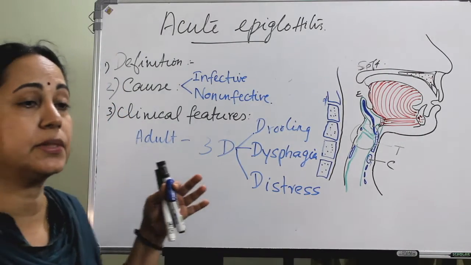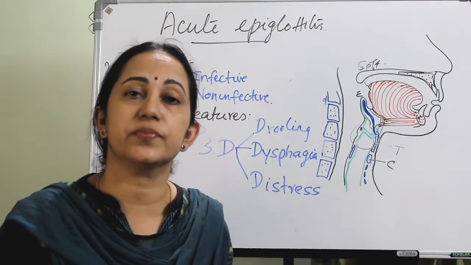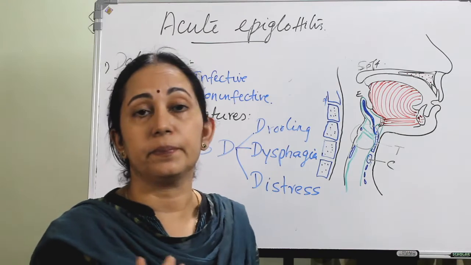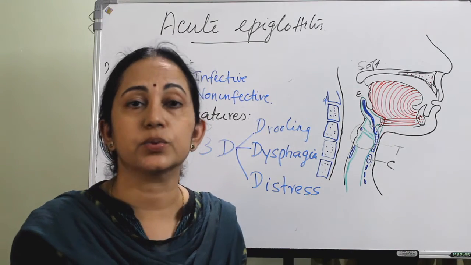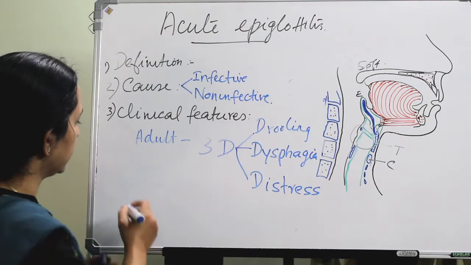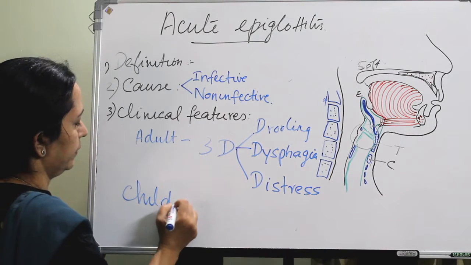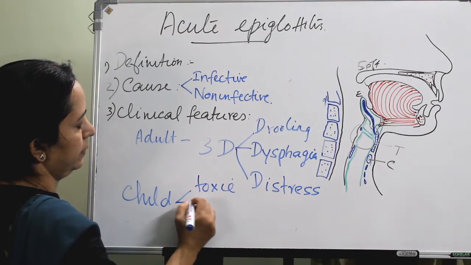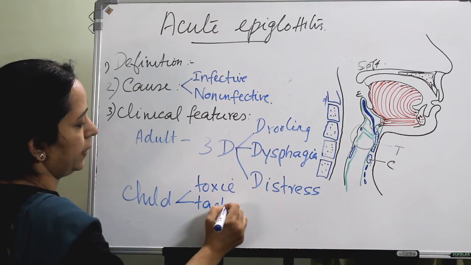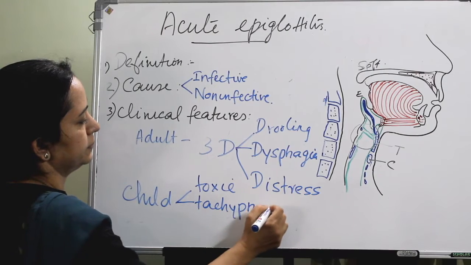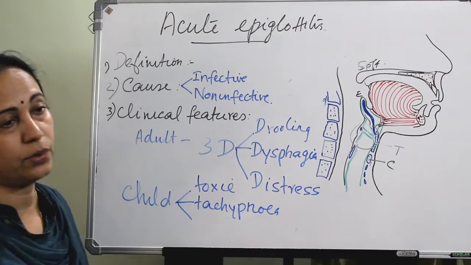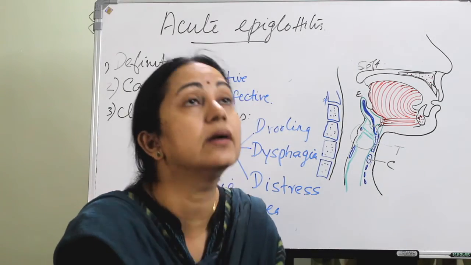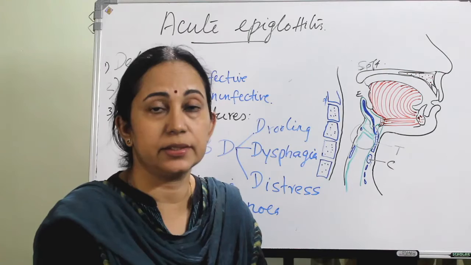In children this is more aggressive and progresses very fast. Children will be more toxic, febrile, and with tachypnea. So in children, a toxic child with tachypnea, and this child will take a characteristic position, that is sitting upright, leaning forward with neck extension, so that they can breathe more easily.